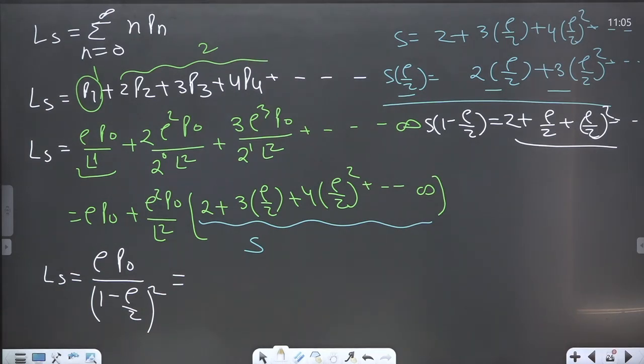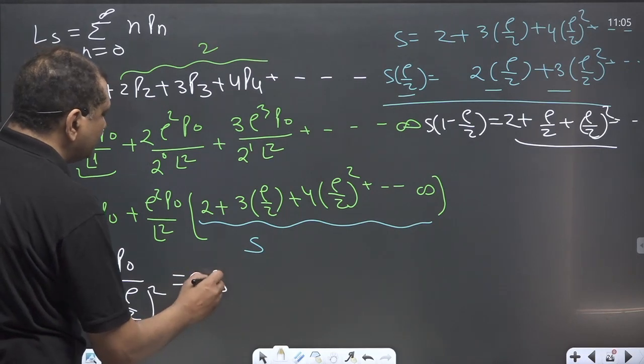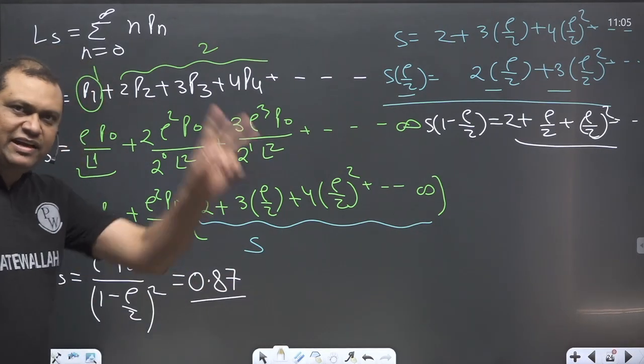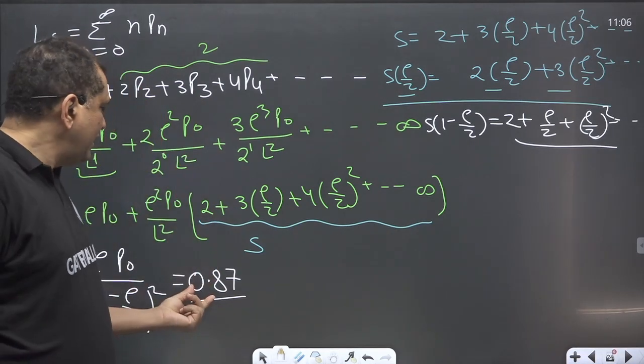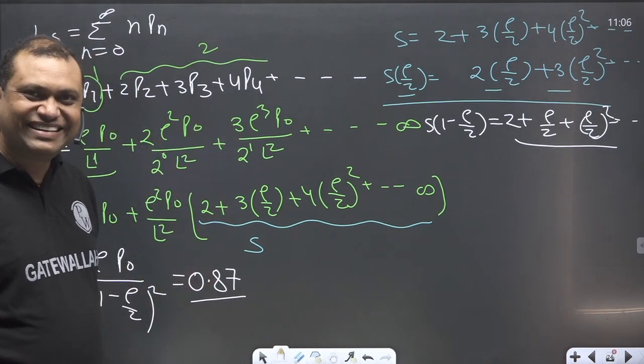And my final answer will be 0.87. So if there are two servers, the average length will be 0.87.